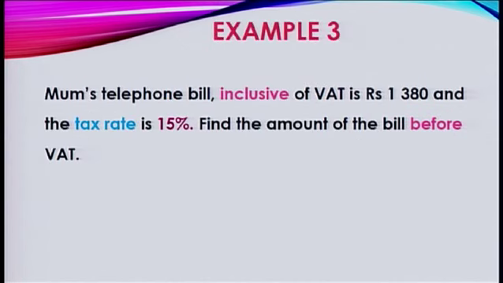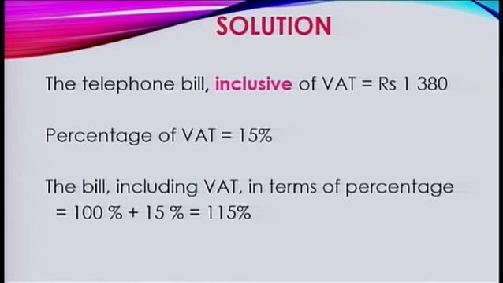We take another example. Mom's telephone bill, this time inclusive of VAT, is 1,380. And you know that the tax rate is 15%. You are asked to find the amount of the bill before VAT. How do you do that? Well, let's see what we have as information.